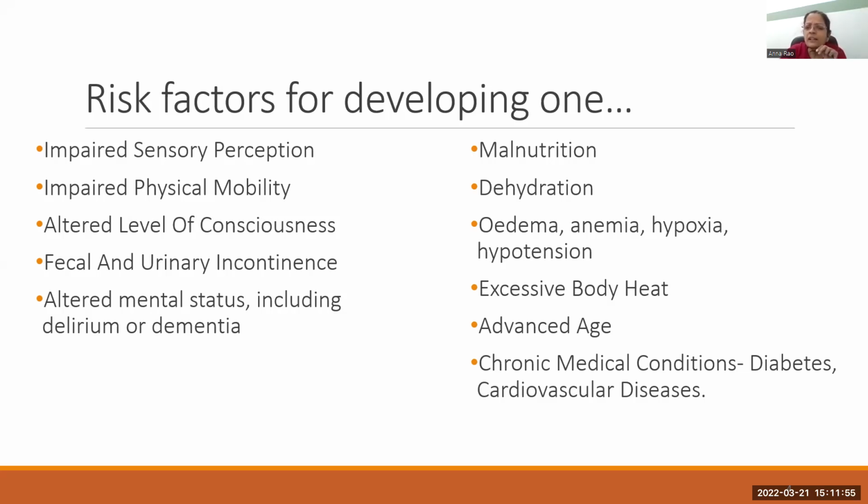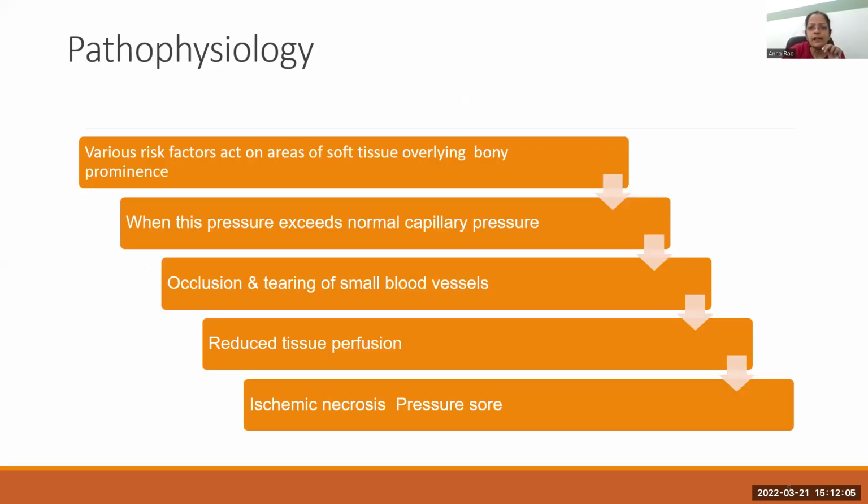And other medical conditions also, diabetes, cardiovascular diseases, right? All of these conditions can lead into bed sore, and we want to prevent it. Okay, and if at all it has taken place, then we want to cure it. And if cure is not possible, we want to give maximum comfort to these patients.